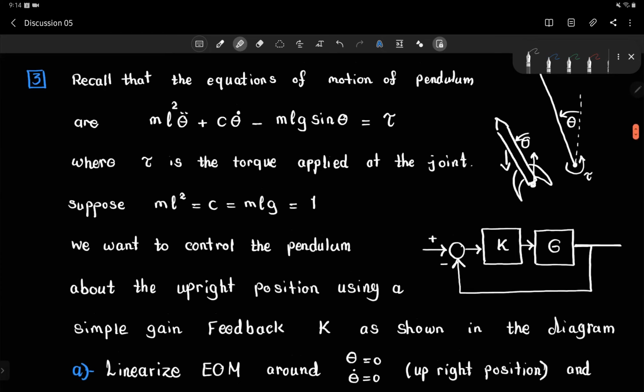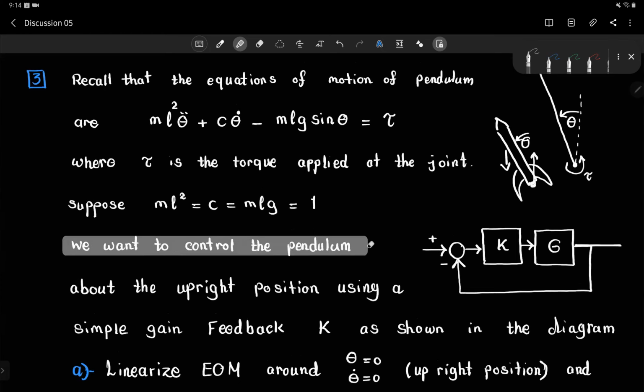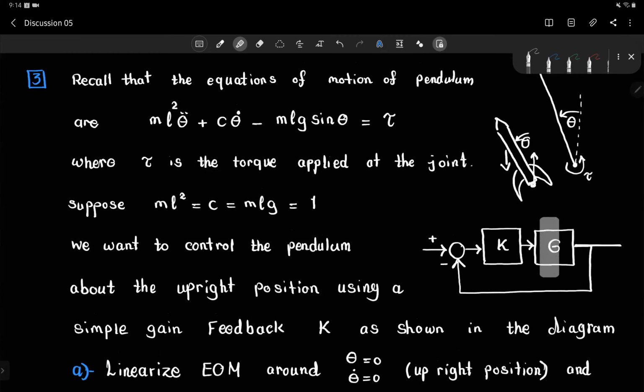And we basically want to control this pendulum using a simple gain feedback K, as shown in this block diagram. G represents the transfer function of the pendulum, and K is the gain that we would like to determine the value of in order to have stability and achieve something else, okay?